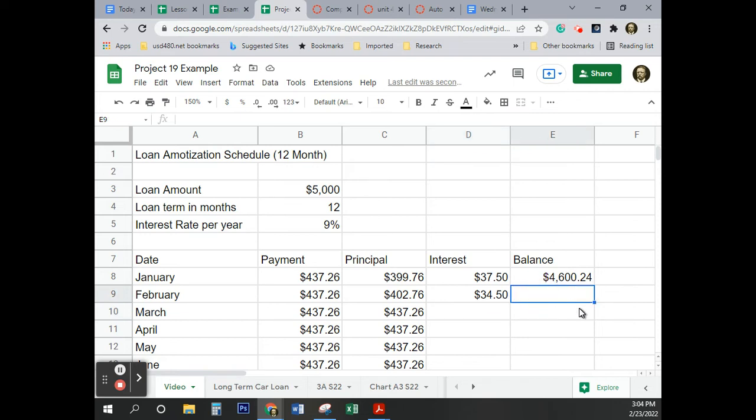Okay, now we're going to come to this cell right here. Equals, our new balance is going to be equal to the old balance minus the amount, the principal paid. There we go.